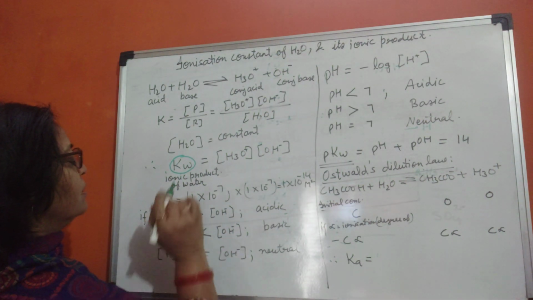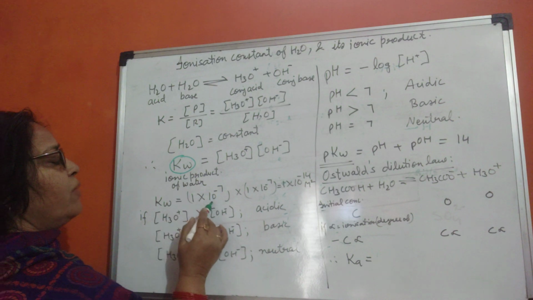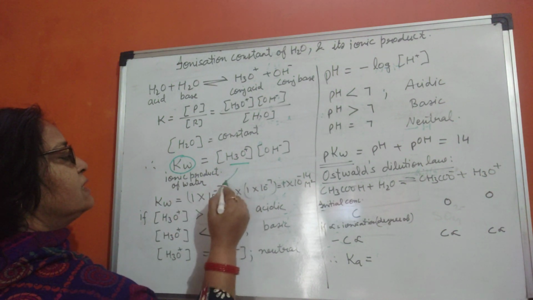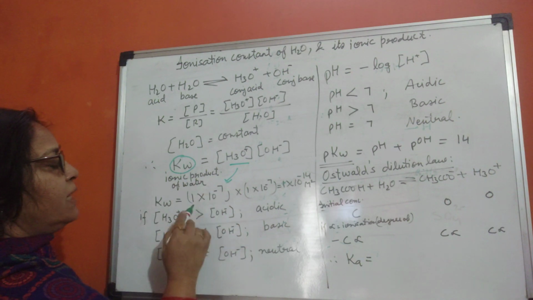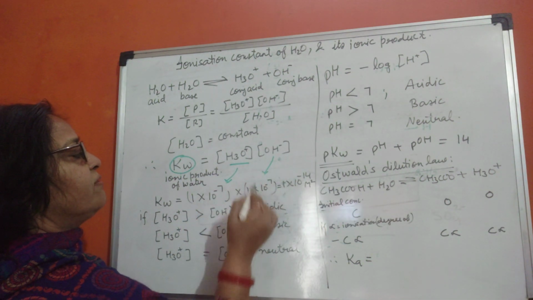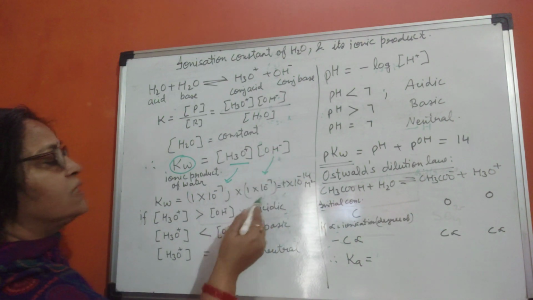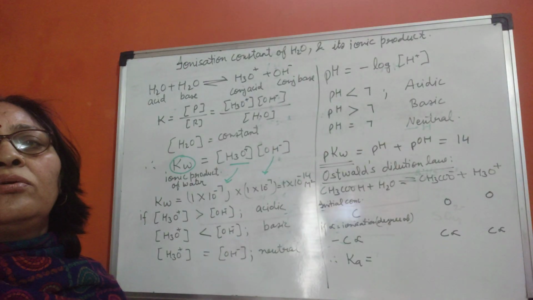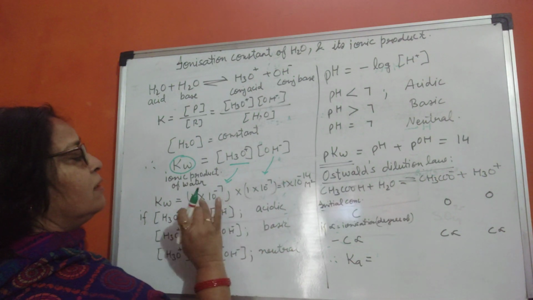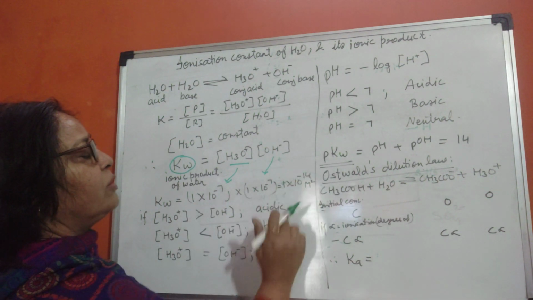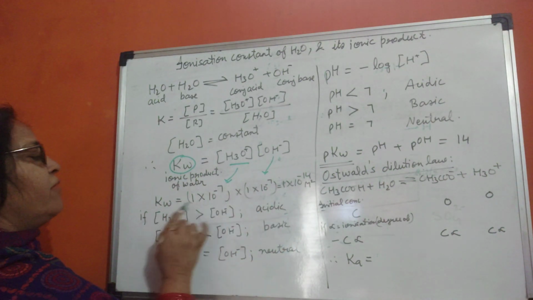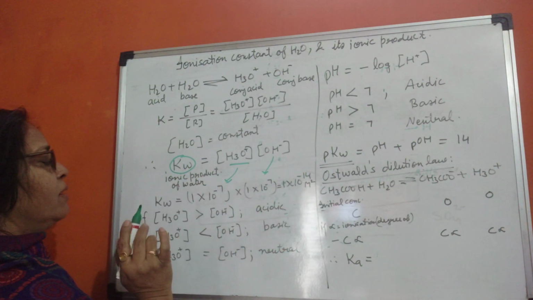Again remember that Kw is equal to hydronium ion concentration, which for water is 1 into 10 to the power minus 7, and the concentration of OH negative is also 1 into 10 to the power minus 7. So when we multiply these, we get 1 into 10 to the power minus 14 M square. Now this is the value of Kw, right?